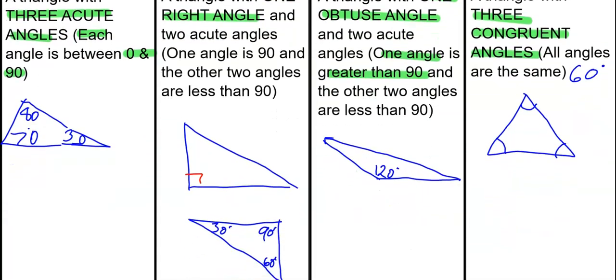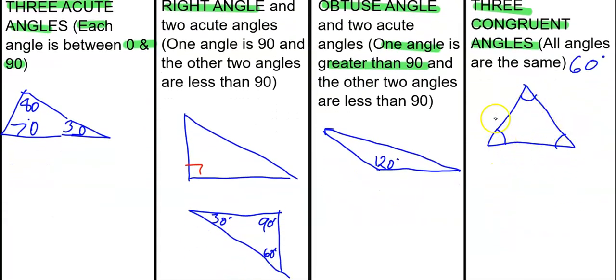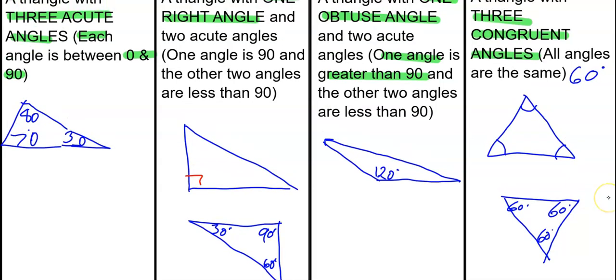That triangle would be equiangular because it has three congruent angles. They're all the same. Or if you were to do it with numbers, it would be 60 degrees, 60 degrees, 60 degrees. And fun fact, any equiangular triangle is also equilateral. So that is how we name our triangles by sides and angles.